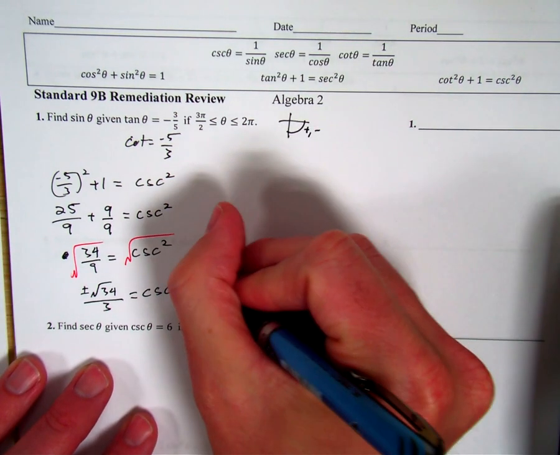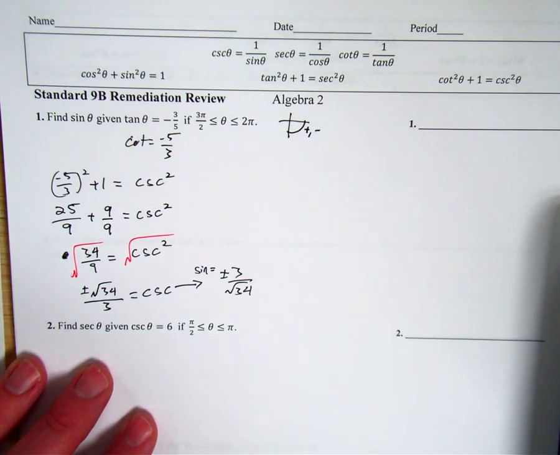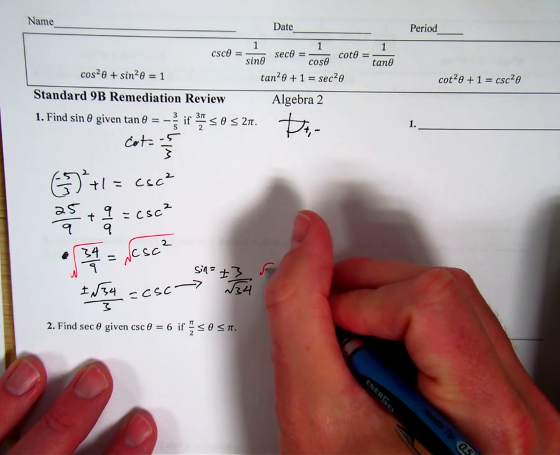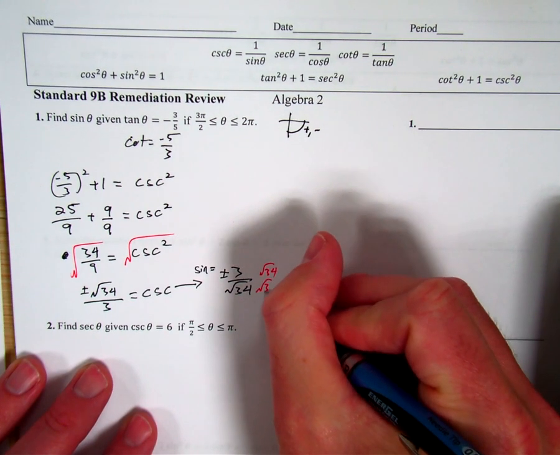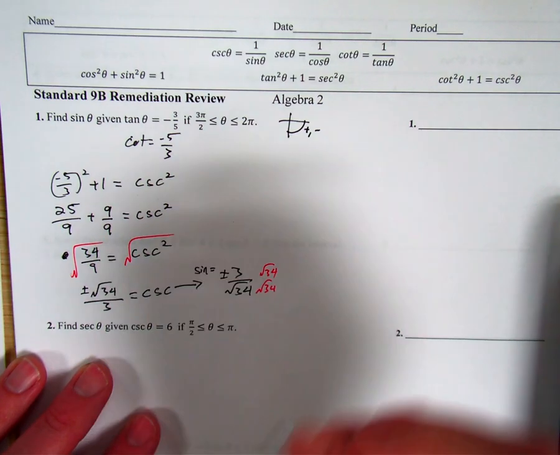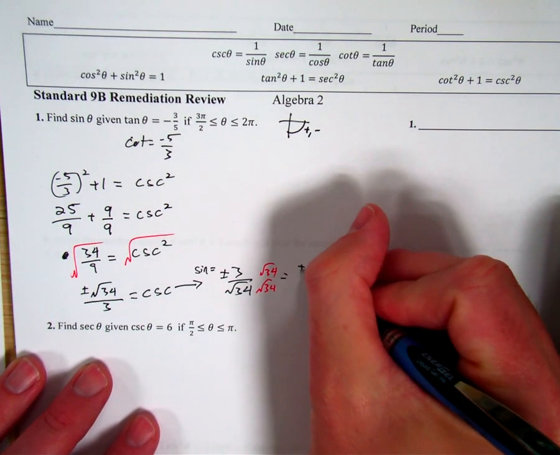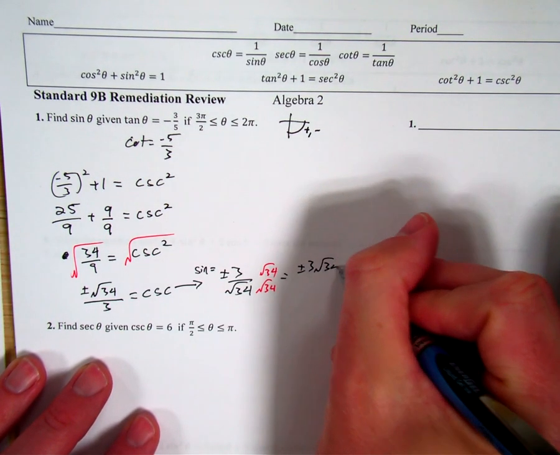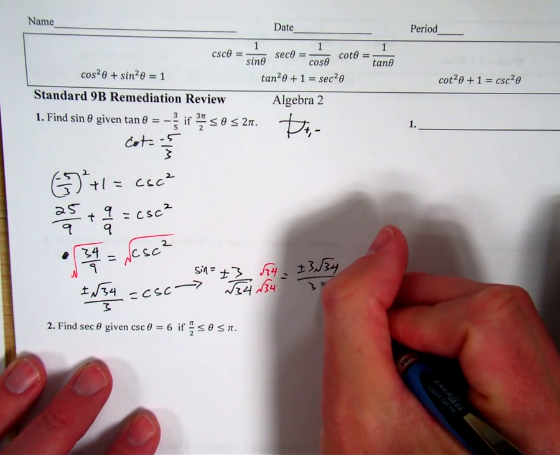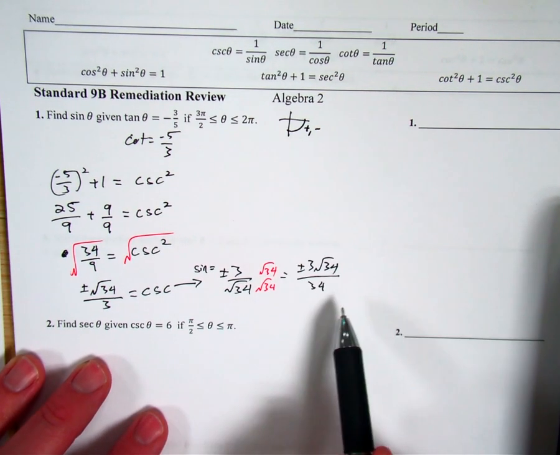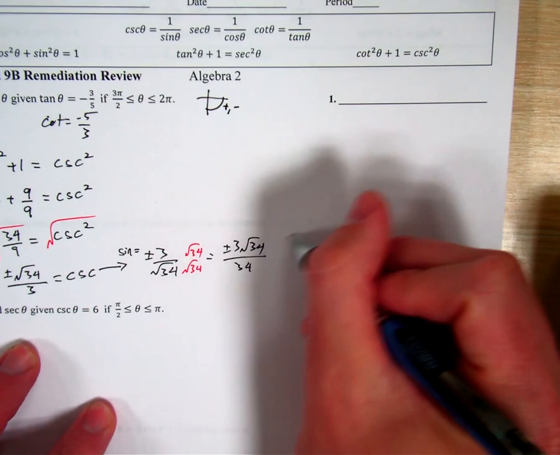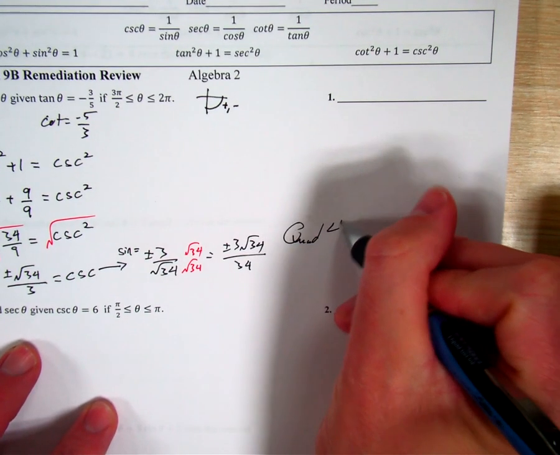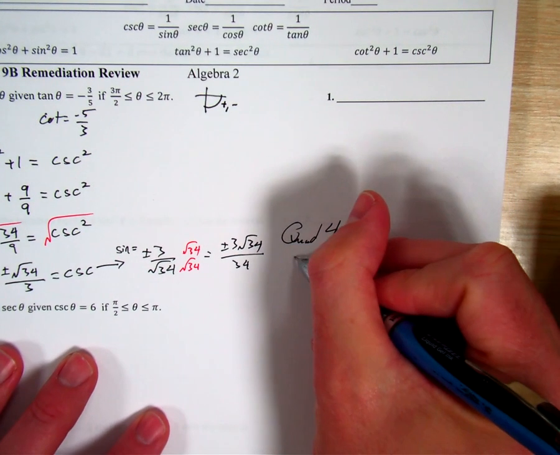Say sine. So we have plus minus 3 radical 34 over regular 34. And we're in quadrant 4. So sine is negative.